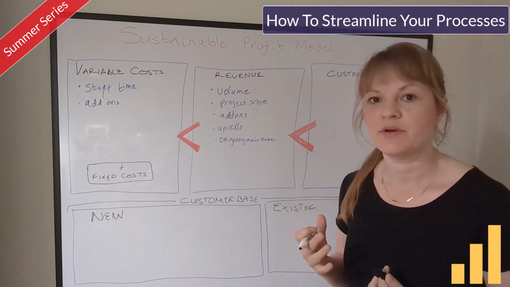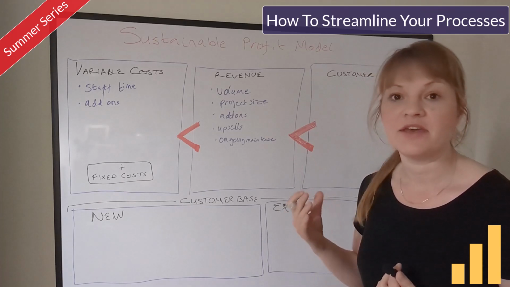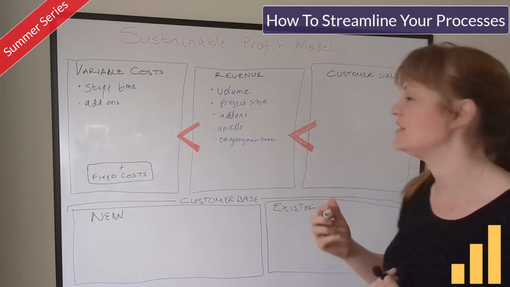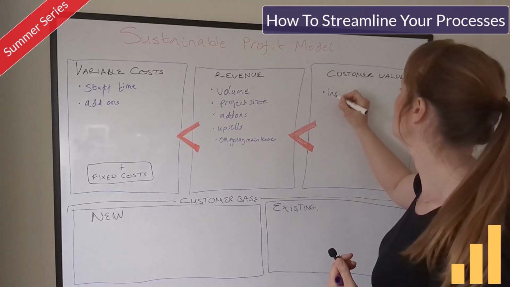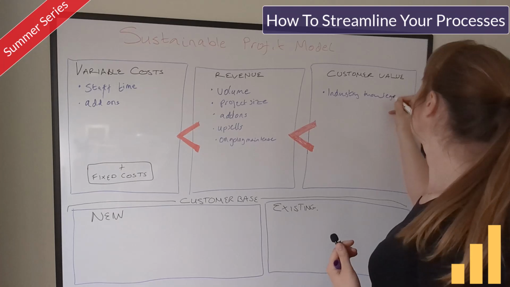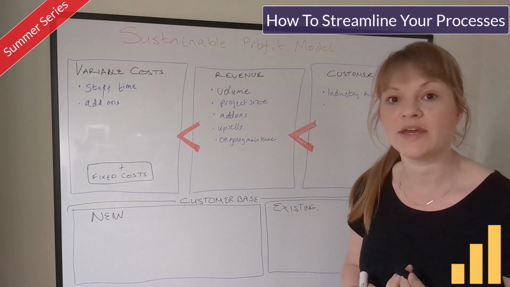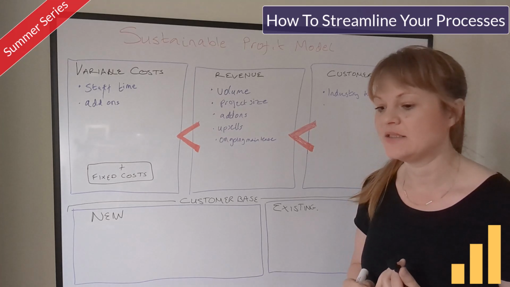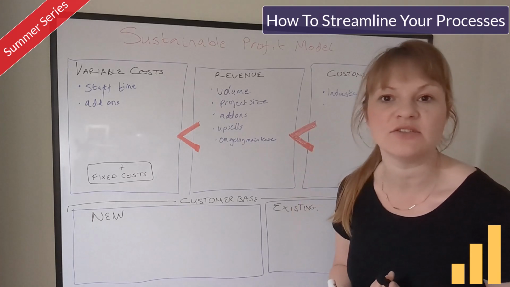So let's make up our fictitious company. Let's say they are niche. So let's say they do build websites for dentists. So let's say industry knowledge. What else could it be? It could be talking to people who understand, maybe the owner used to run a dental practice.